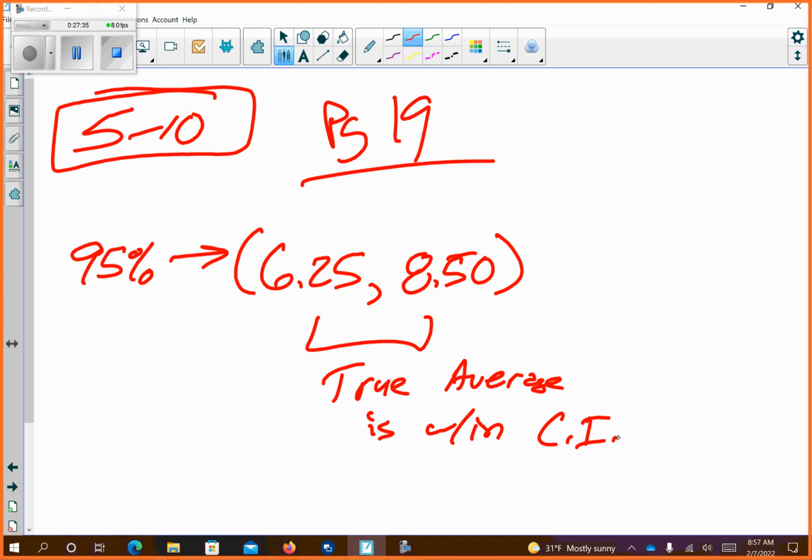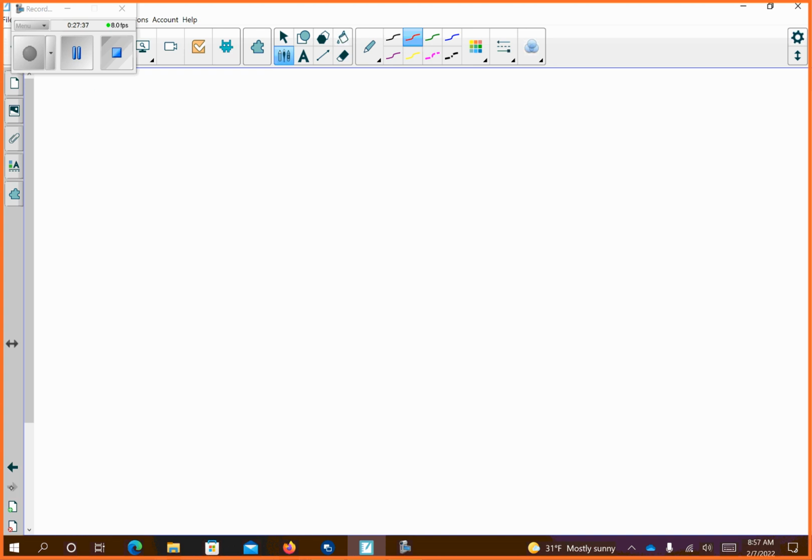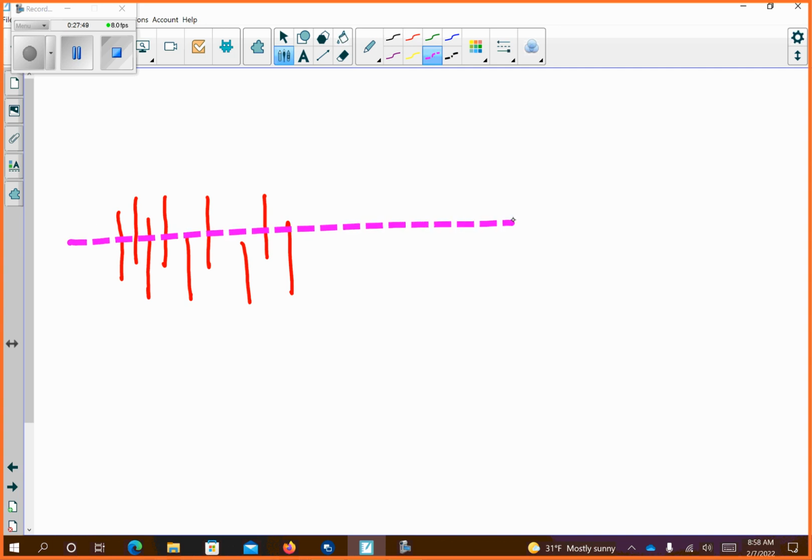So that graph is kind of weird to look at. But what that graph basically is, it's supposed to look something kind of like this. And then you have this dotted line that goes in there. Each one of the vertical lines that you can't really see is basically a different random sample.